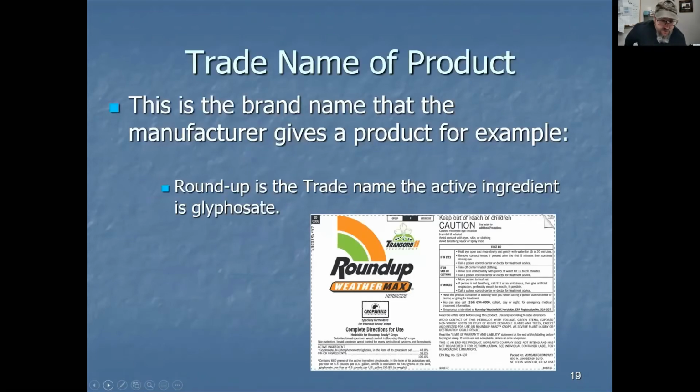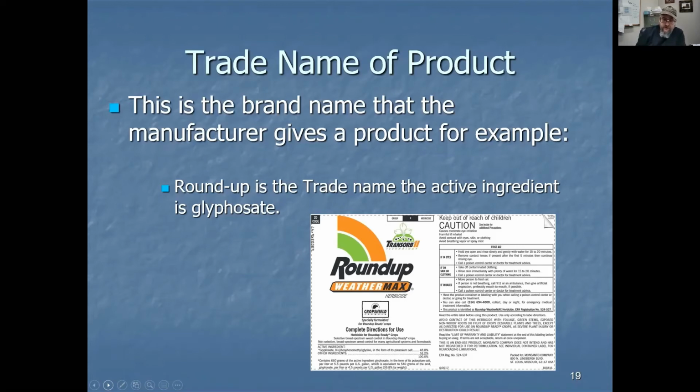Okay, so what's the trade name? So the trade name of the product is the brand name that the manufacturer gives a product. So for example, Roundup. Here's a label off the front of a Roundup container. Roundup is the trade name. The active ingredient is glyphosate.